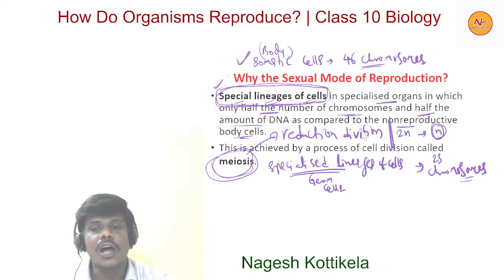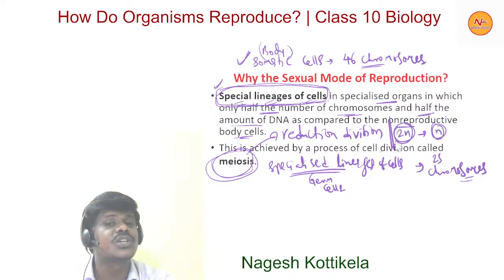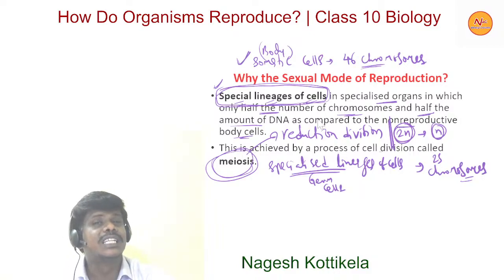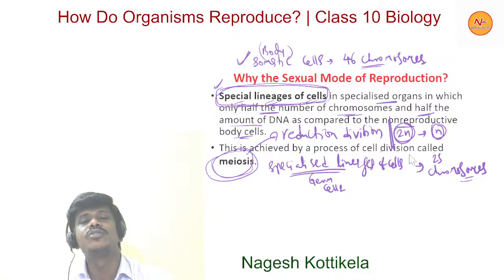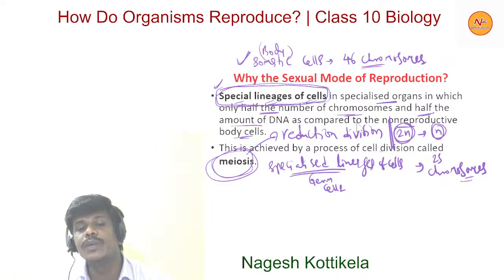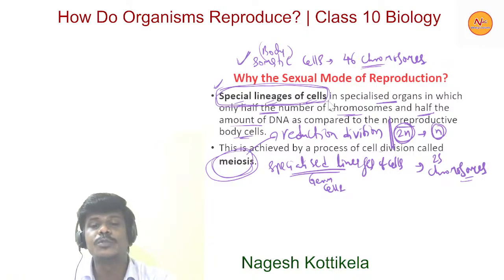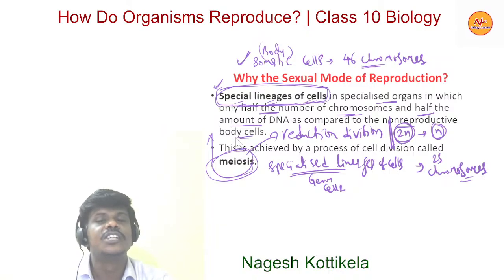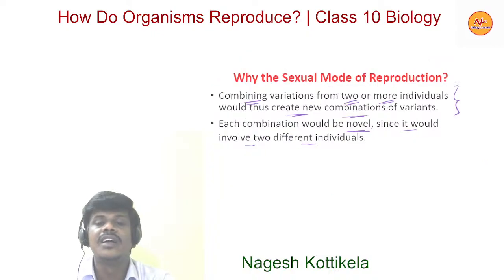This is how diploid parent cells give rise to haploid daughter cells in meiosis, and this is the reason half the number of chromosomes and half the amount of DNA is found in reproductive cells when compared with the non-reproductive body cells. And this is the importance of meiosis.